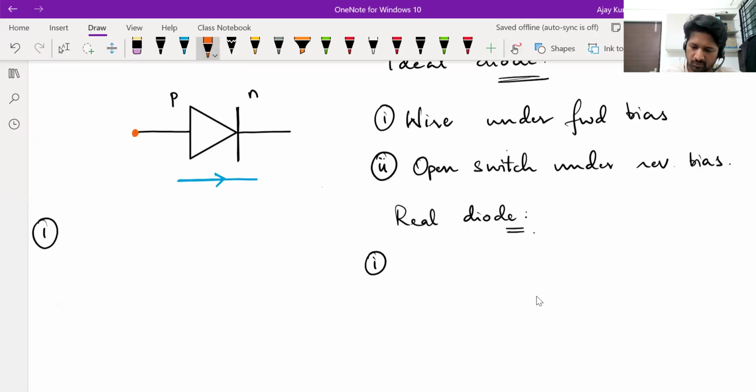P side, let's call this point as X, and N side, let's call this point as Y. When current flows from X to Y and there is a resistance in between, okay, there will be a small potential difference even in forward bias. Okay, so there will be some electric field still existing in the depletion region. So small potential difference exists across the diode.